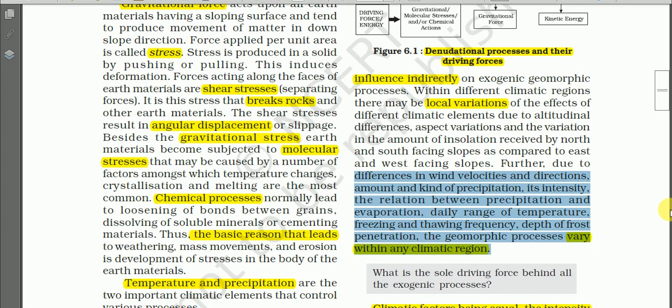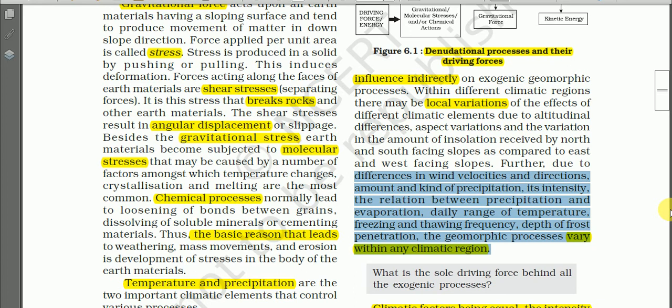And if there is a very wide range of temperature, then expansion and contraction of rocks will be very active in that particular area. And likewise, freezing and thawing frequency, we will be learning later on.